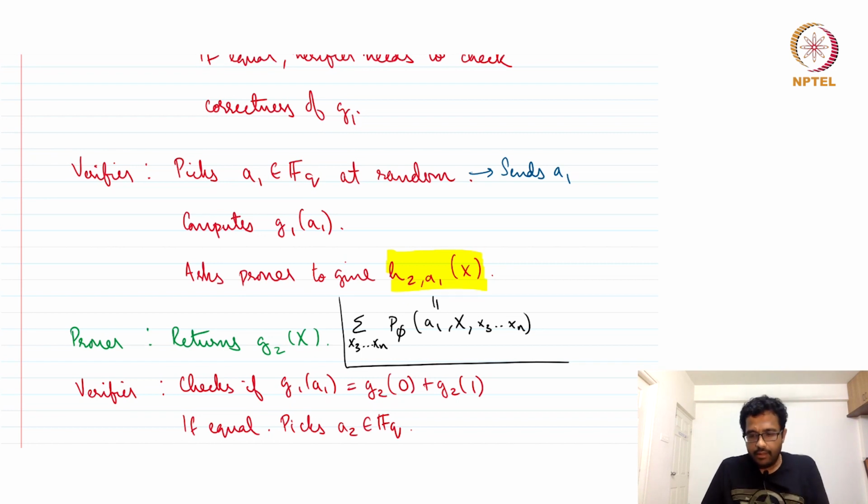So the prover has to give this polynomial.